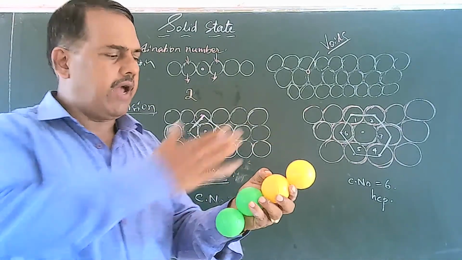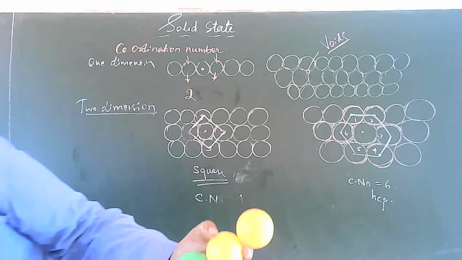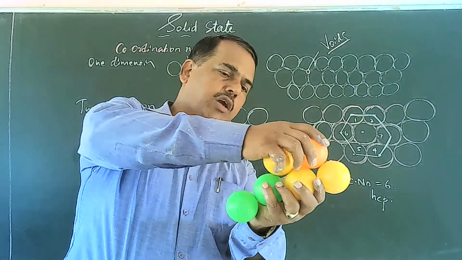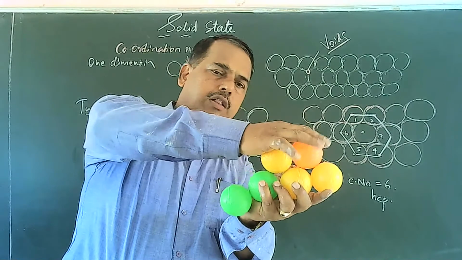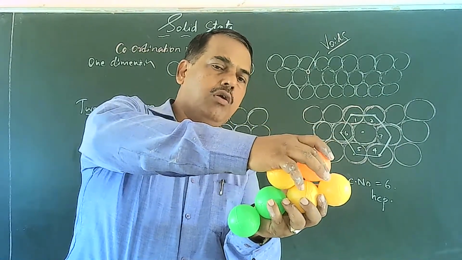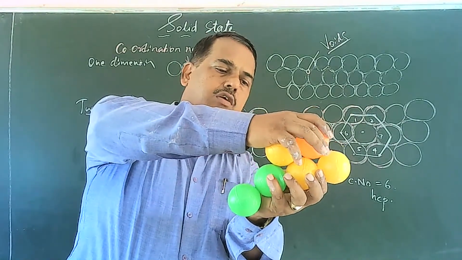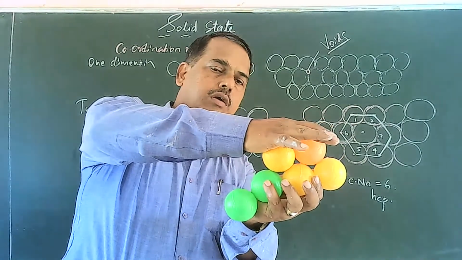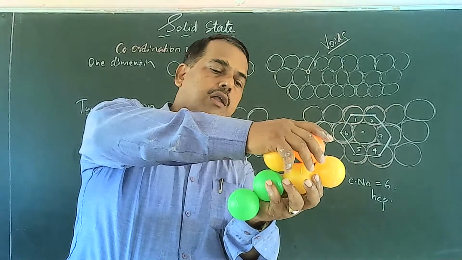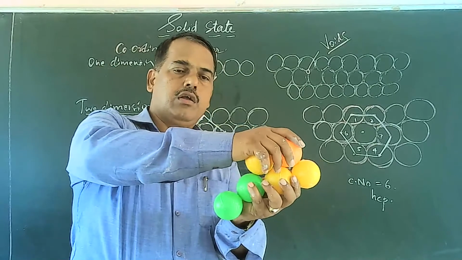As you place the other particles in the depressions of this, you can find the small gap. I think you can observe the gap. When these are arranged, we will find the gap, and that gap is called a void. Are you clear?